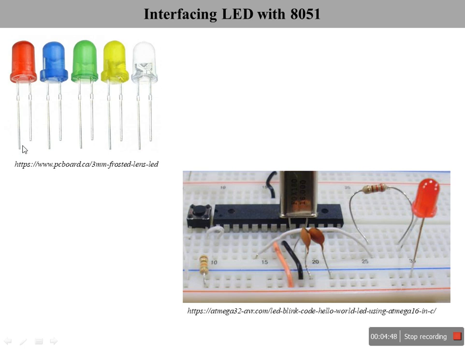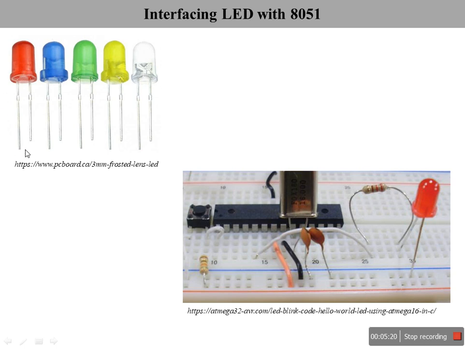When the anode is connected to the higher potential and the cathode is connected to the lower potential, then this LED will be glowing. Here I can connect the anode of an LED to the 8051 microcontroller and the cathode can be grounded. In that case, in order to glow this LED, we have to send logic 1 from the microcontroller pin to this anode, and since the cathode is grounded, the LED will be glowing.